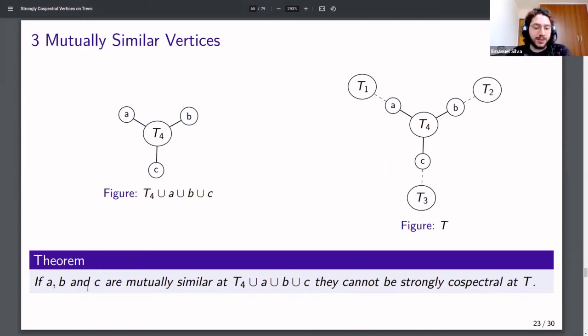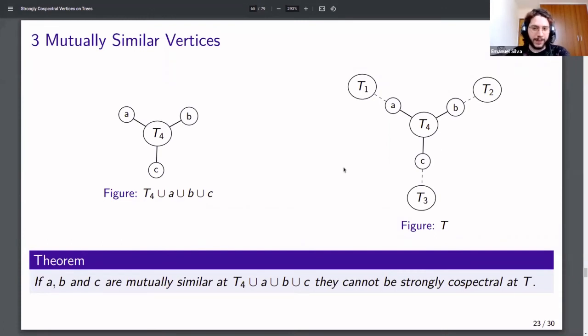And if A, B, and C are mutually similar at this middle tree, they cannot be strongly cospectral after we add its limbs, which is quite sad, but at least we have a proof of why they cannot be strongly cospectral, even though they are cospectral and non-similar.